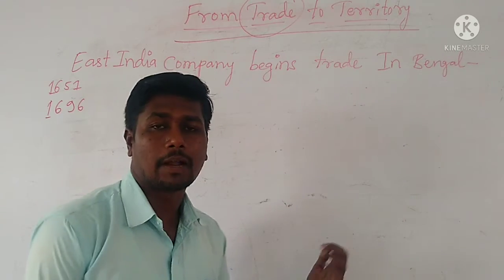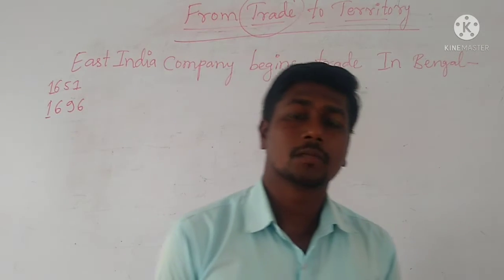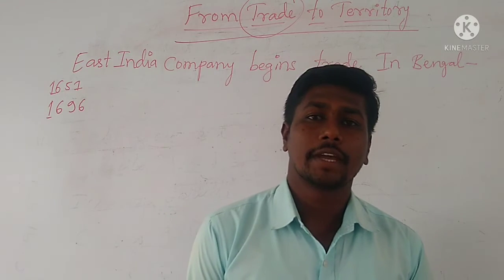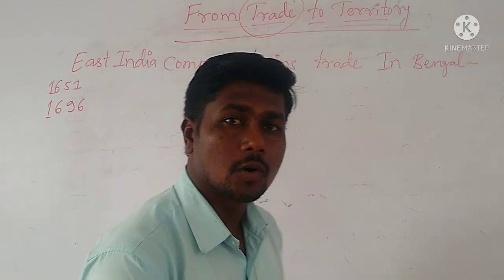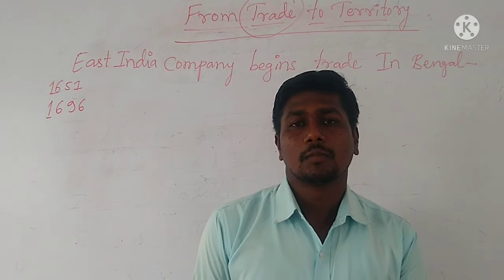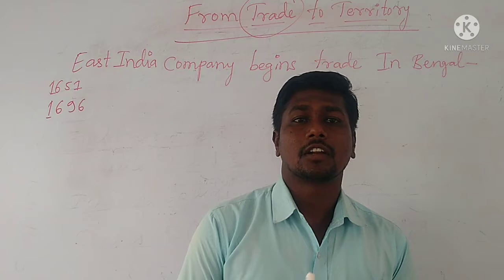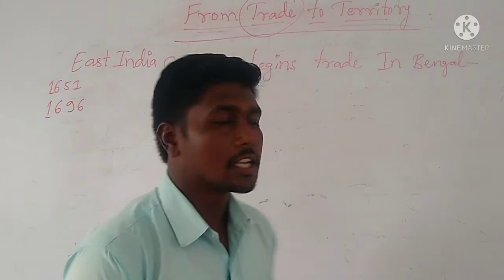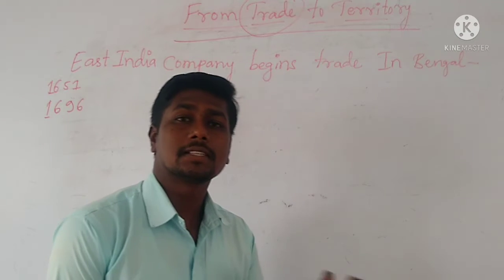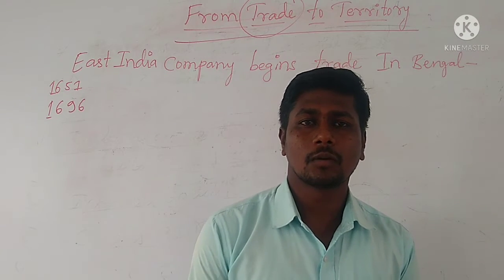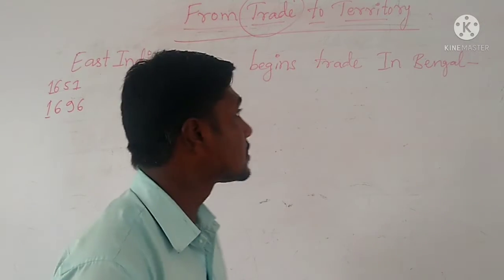Including the English East India Company, various other European countries also came to India for trade purposes, right? Then because of trade, internal conflicts and wars also emerged among those European countries, as they traded the same goods from India. So about this we have already learned in the last class.